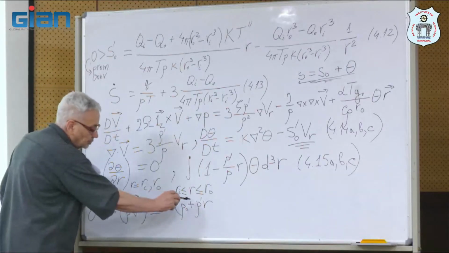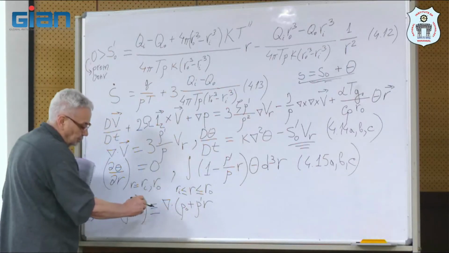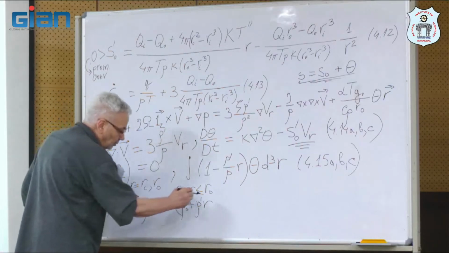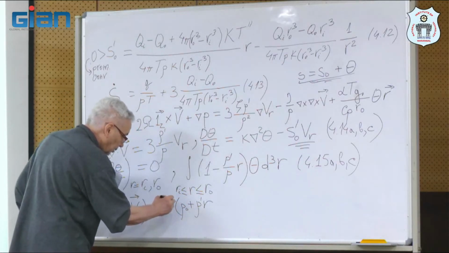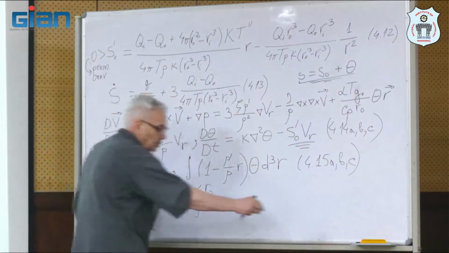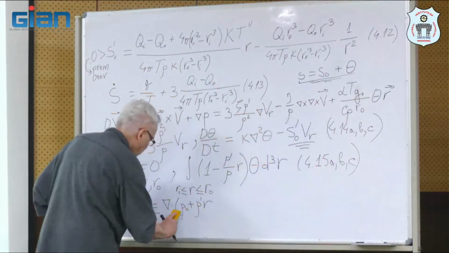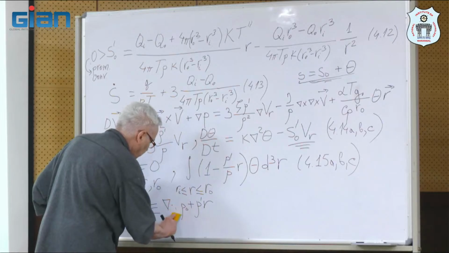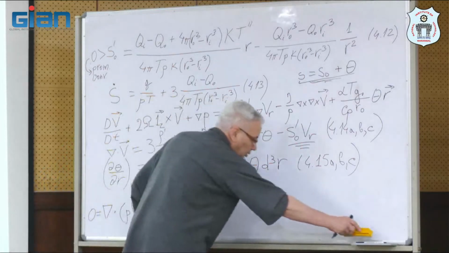This is also constant, rho prime, and this is some average.